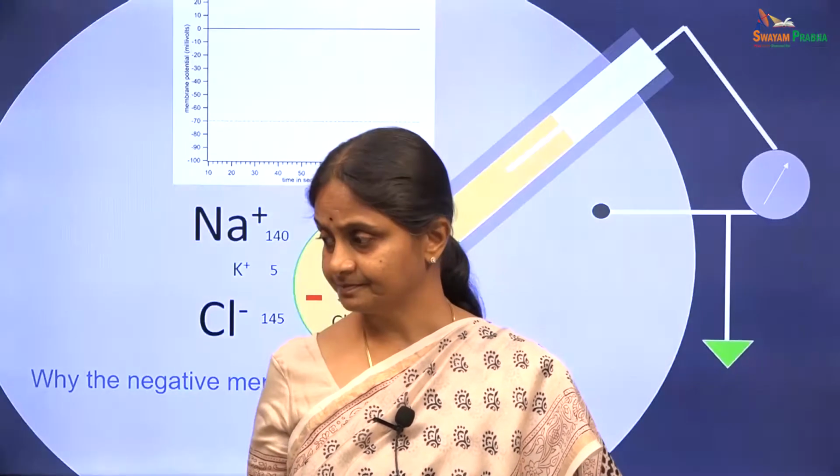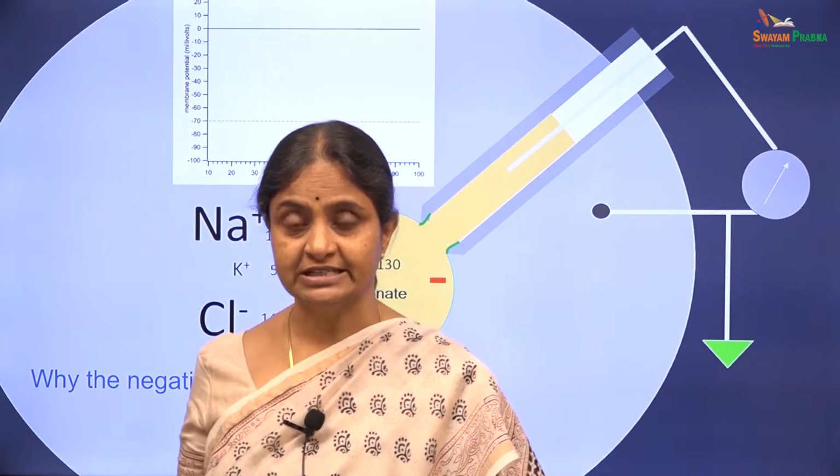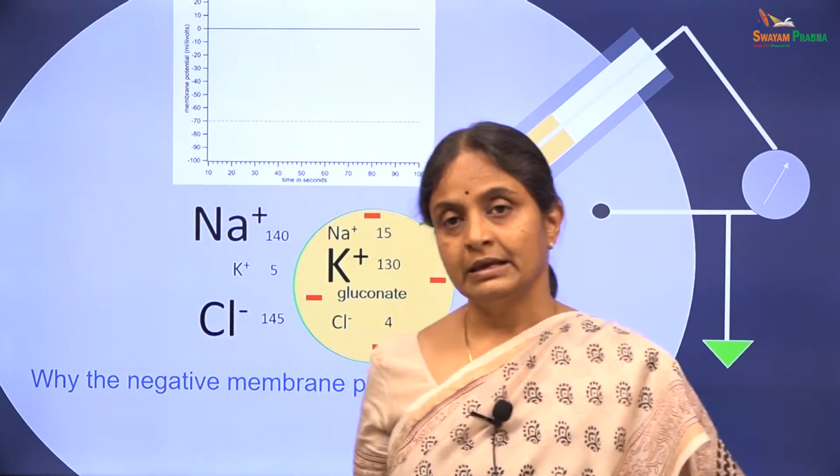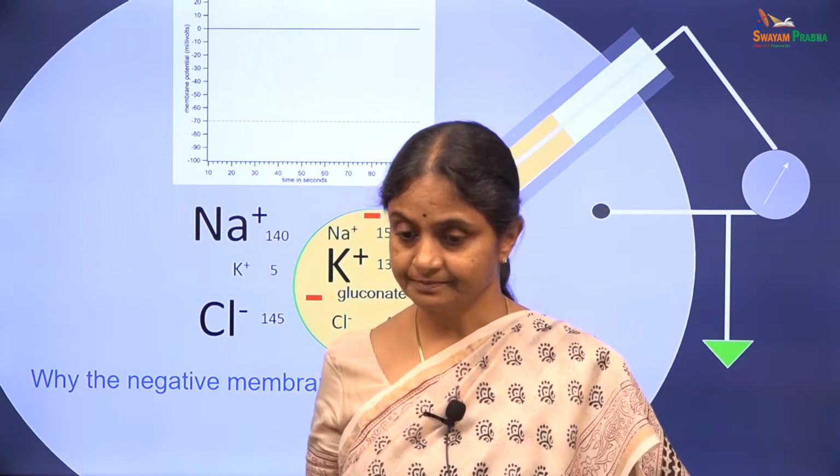Rather than state it in one simple sentence, I'm going to present to you 2 popular answers that I get when I ask this question: why is there a negative membrane potential within cells? And I'm going to argue on the lines of those answers.